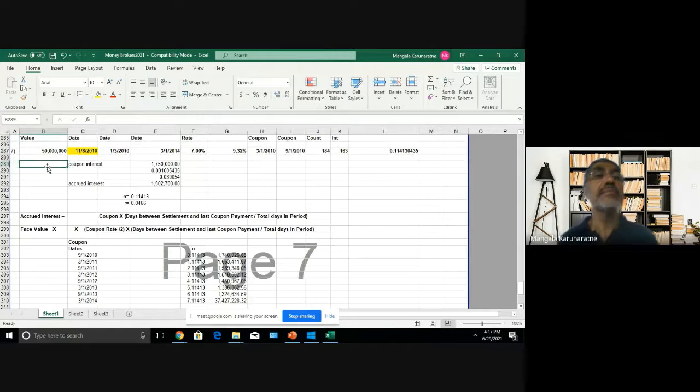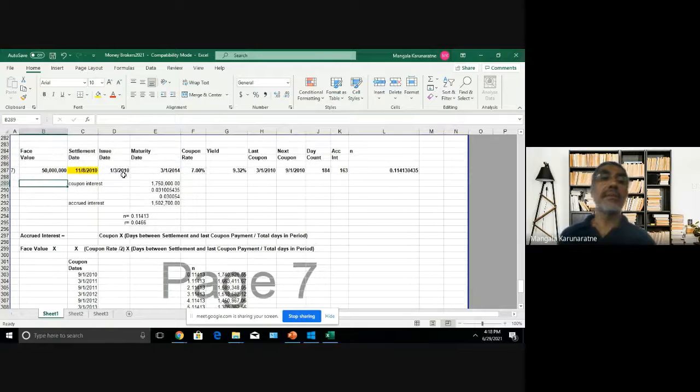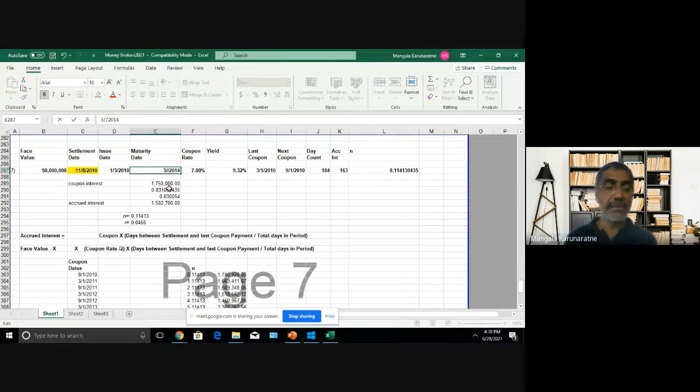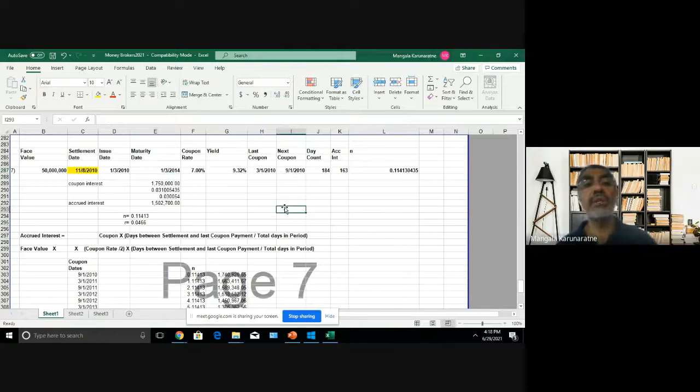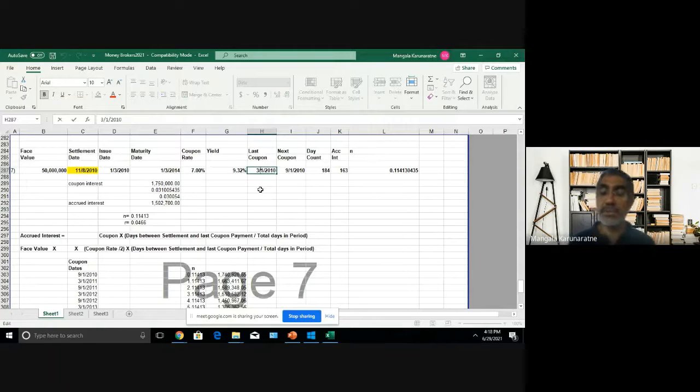This is the issue date. The maturity date is again 1/3/2014. The last coupon was 1/3/2010.